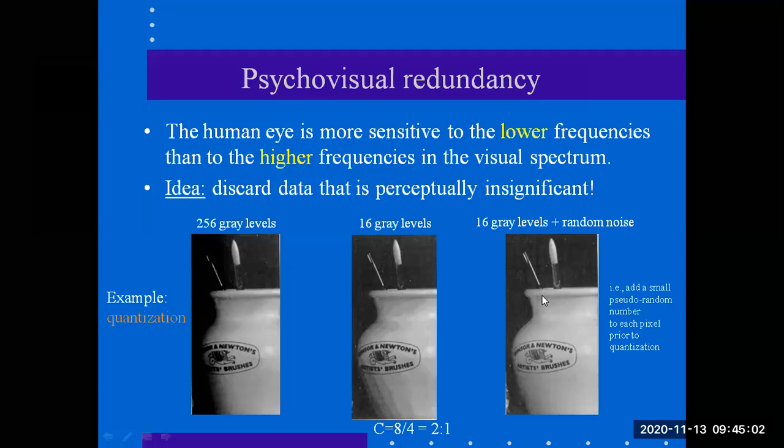We add some pseudo random noise to pixel values, and we are observing C equals 8 by 4, or 2 to 1, based on this compression ratio. So 8 by 4 means a 2 to 1 ratio. The psychovisual redundancy is that the human eye has very low sensitivity for higher frequencies and more sensitivity for lower frequencies.